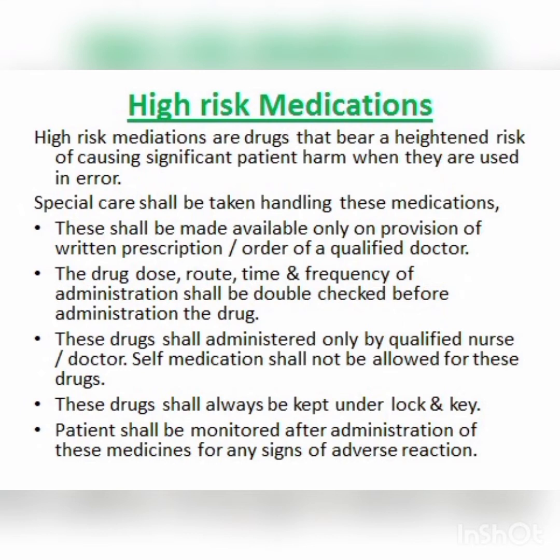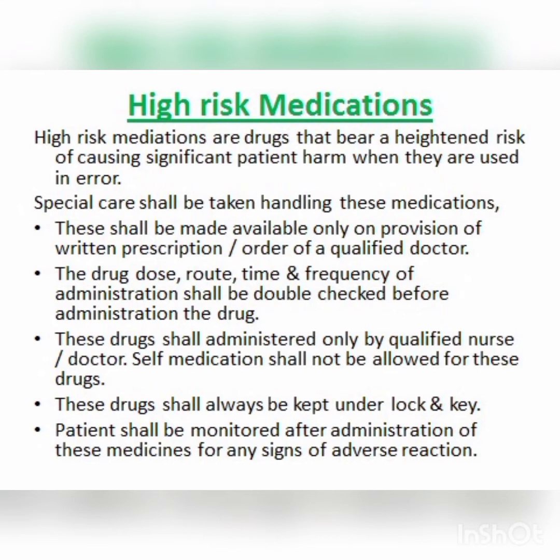Patient shall be monitored after administration of these medications for any sign of adverse reaction. So after administration, the staff's responsibility is monitoring of our patients, because since it is a high-risk medication, it will heighten the risk. In that case, after administration, the staff is supposed to monitor for any adverse drug reaction from the high-risk medications.